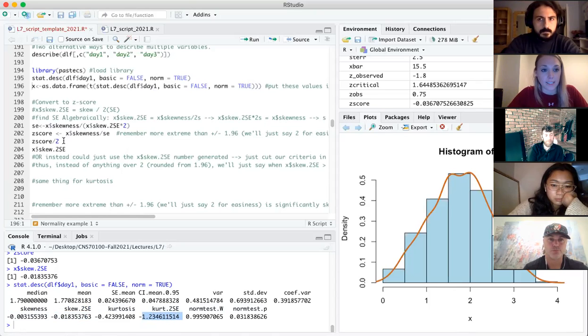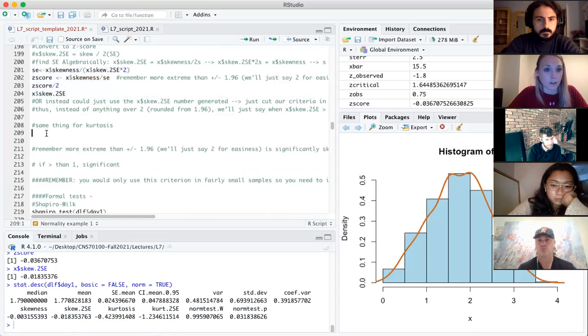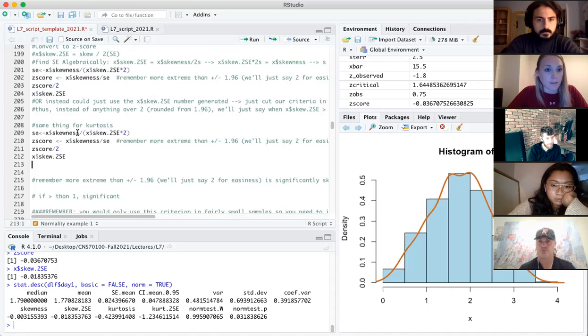We can also test this the exact same way for kurtosis. I'm just going to change this to kurtosis 2SE, and we'll get the exact same value.